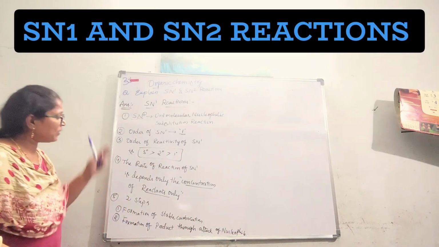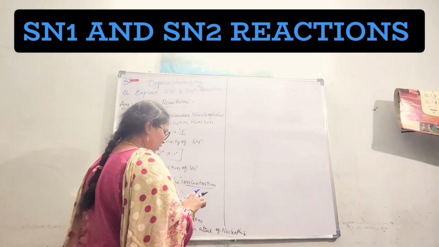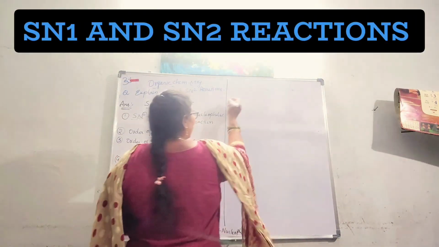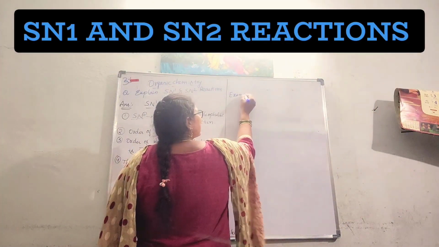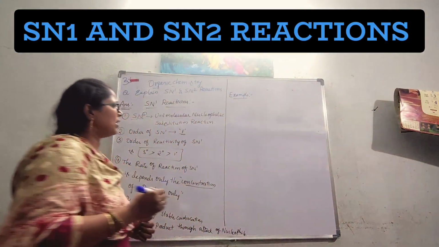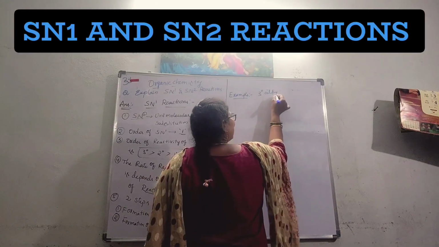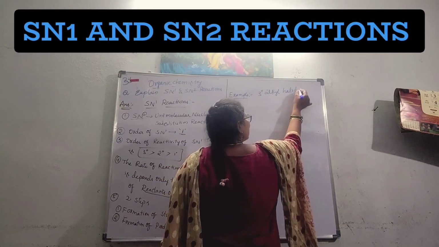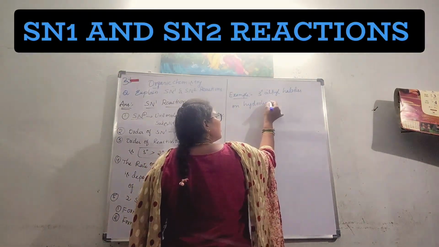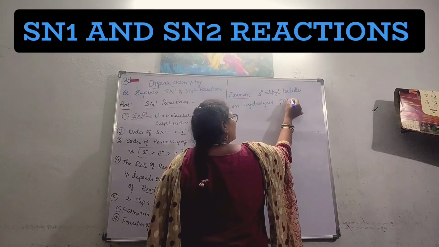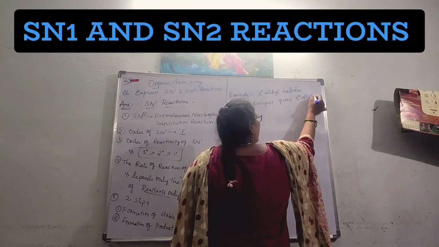So let us take one example for this SN1 reaction. The example is tertiary alkyl halides on hydrolysis give tertiary alcohols.